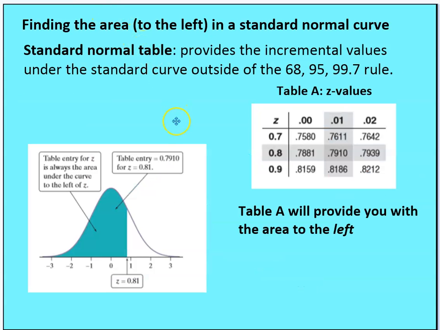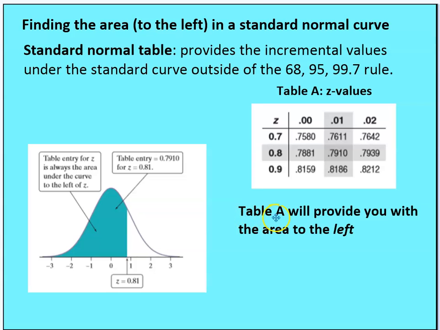All right, so now we want to find the area to the left in a standard normal curve. And there is a standard normal table in the appendix in the back of your book. It's called Table A, and it's going to give you the z values. Table A is going to provide you with the area underneath this curve, which is equal to 1. Basically we're dealing now with proportions and percentages.